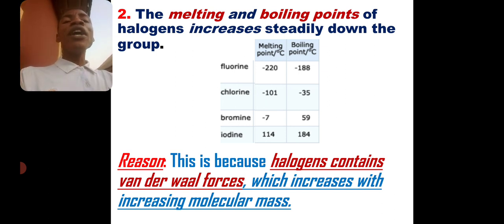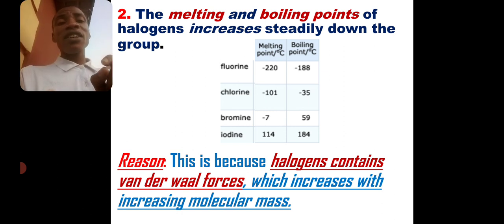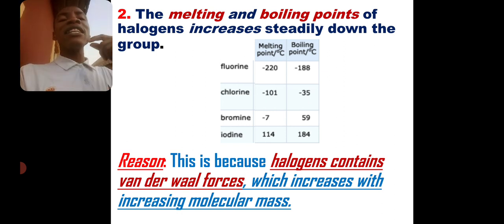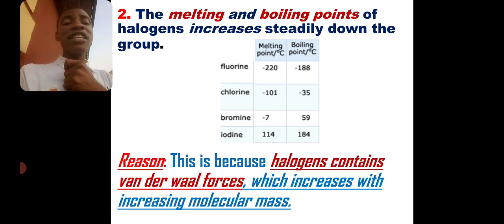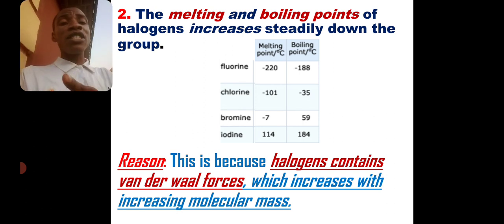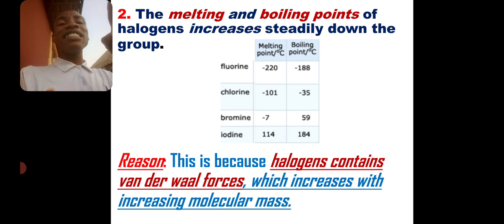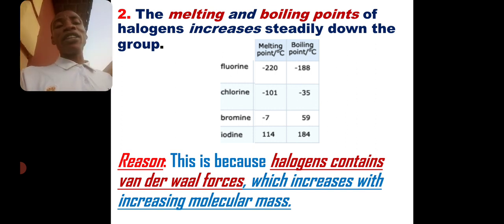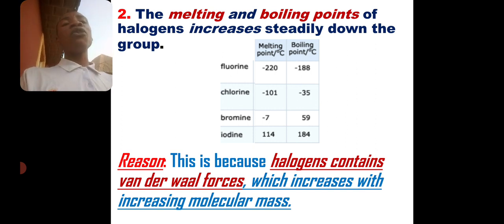So as you go down the group, as the number of electrons or the molecular mass increases, the strength of van der Waals force also increases. That means as you go down the group from fluorine to iodine, there is an increase in the strength of van der Waals force, which leads to an increase in the melting and boiling point of the halogen series.